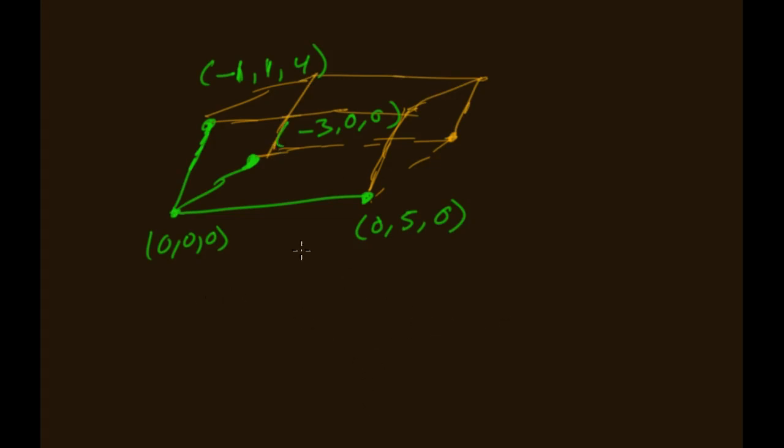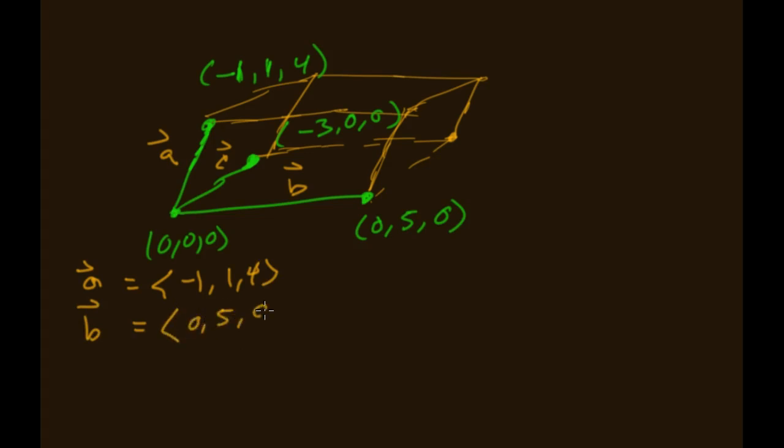So now the question is, what is the volume of this? Let's call this vector A, let's call this vector C, and we'll call this vector B. So vector A is going to be the vector -1, 1, 4. Vector B will be the vector 0, 5, 0.